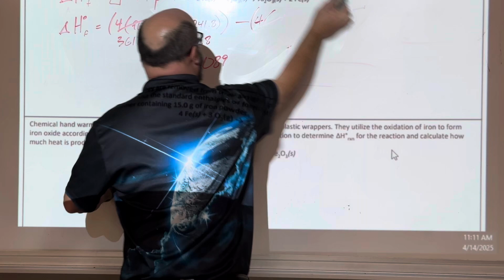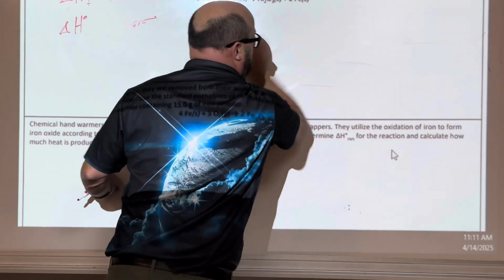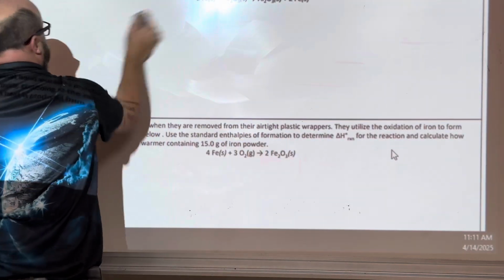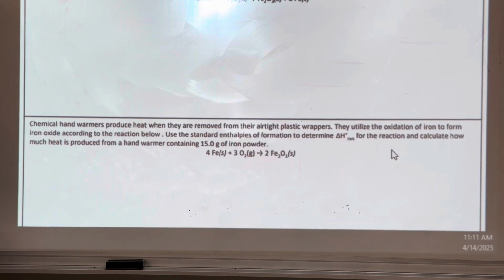So right off the bat, we should get a negative number here. We got 2 aluminum plus iron 3 oxide yields aluminum 3 oxide, plus iron by itself.